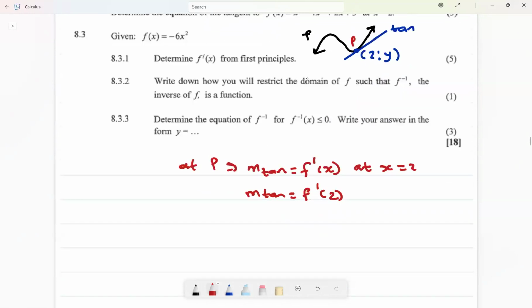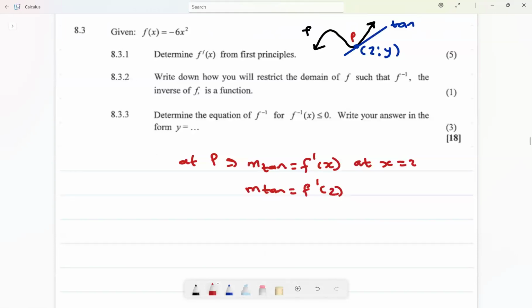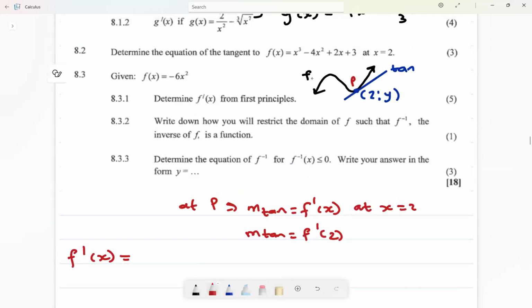How can we find that? Let me find the derivative of f first. It's going to be 3x squared minus 8x plus 2, when I derive this, right?